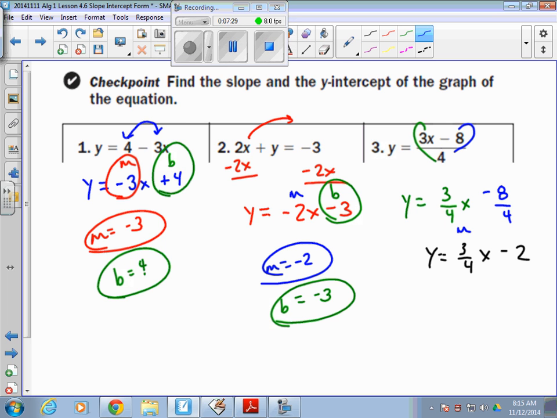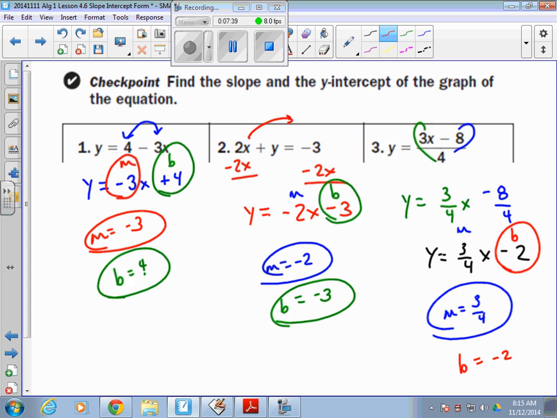Here's your m value. Your slope is 3/4. Here is your b value. Don't forget the negative that goes with it. Your y-intercept is negative 2. And that's 3 equations, finding the slopes and y-intercepts.